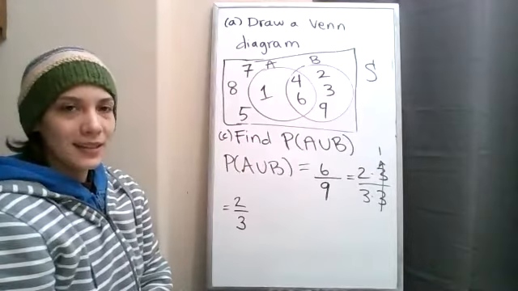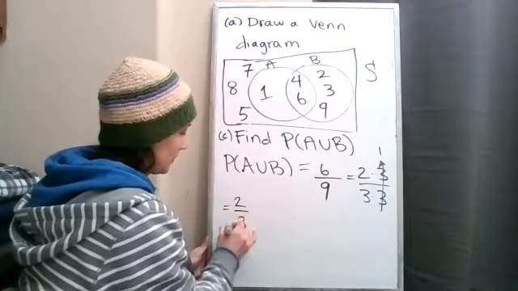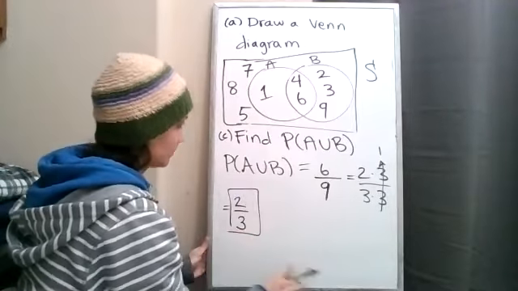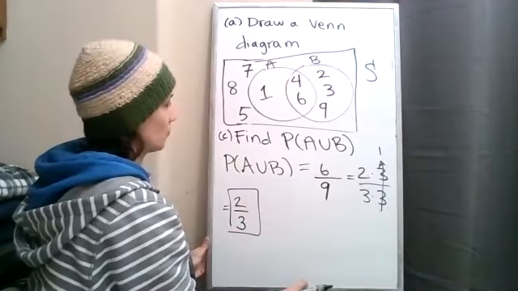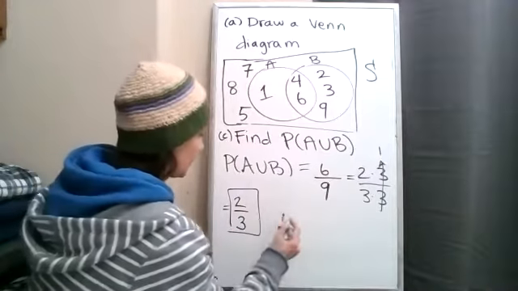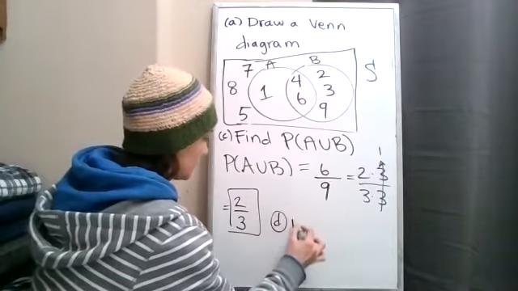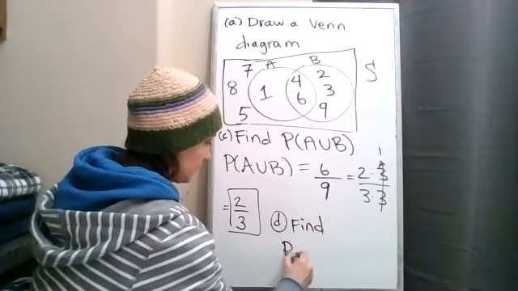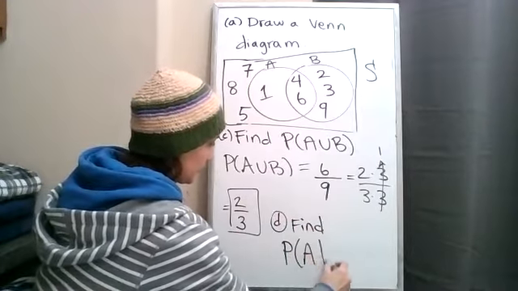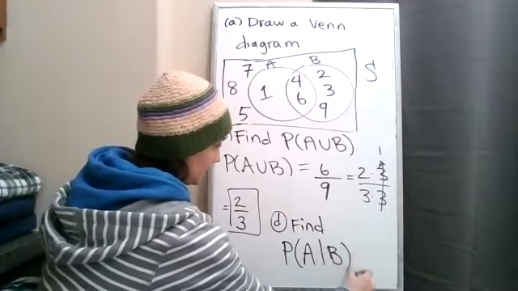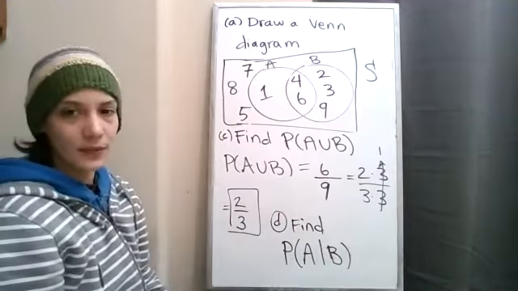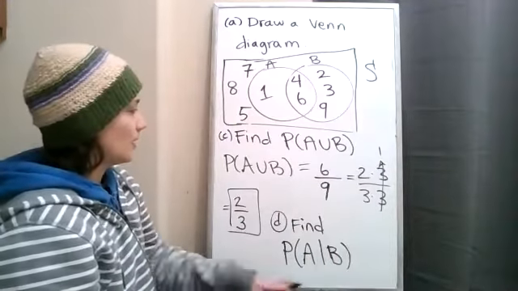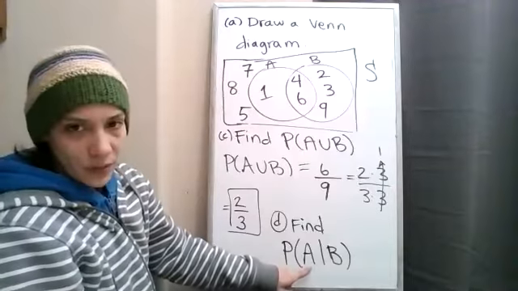Part D. Find the probability of A given B. We have that formula.